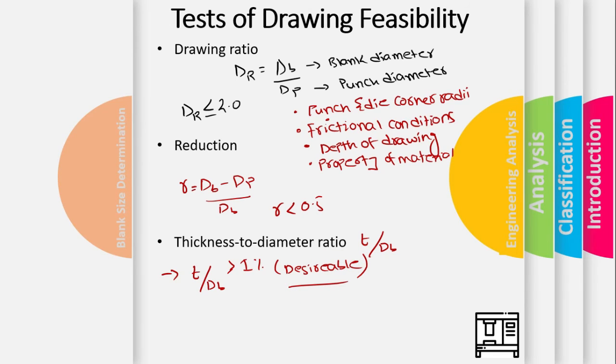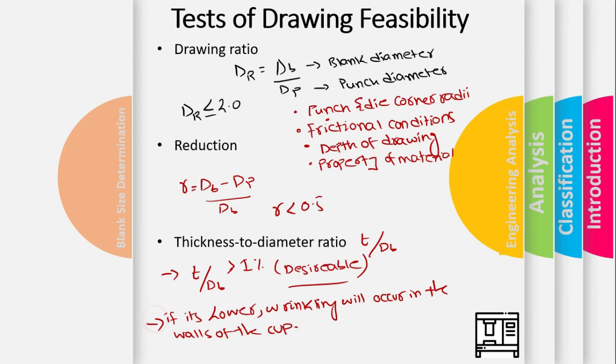As the thickness to diameter ratio decreases, there is a possibility that wrinkling will occur in the walls of the cup.